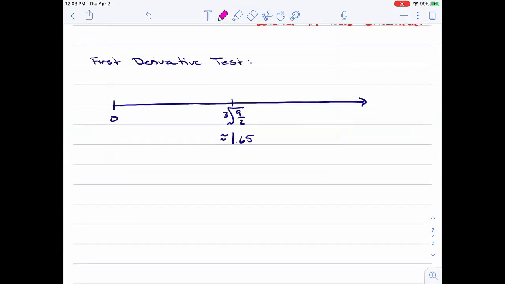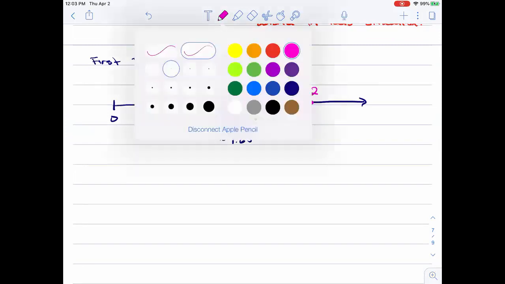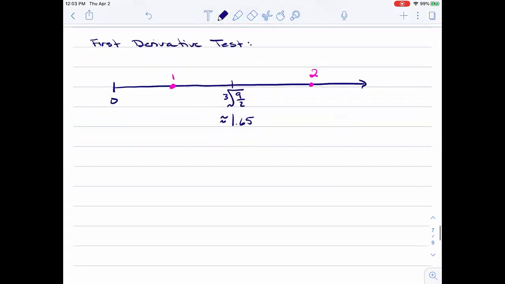So when I pick my test points, right, I'm going to pick maybe 1 and maybe 2, right, on either side of 1.65, but on the positive end. So I'm going to use my first derivative to test this thing.